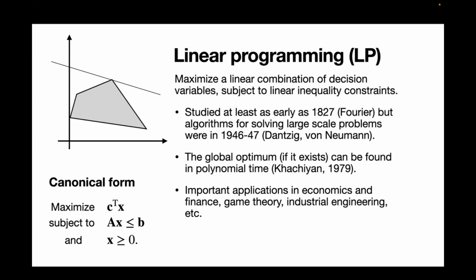It was studied as early as the 19th century by Fourier, but the big breakthroughs happened in 1946 to 47 because there were operations research optimization problems that were important for the war effort.